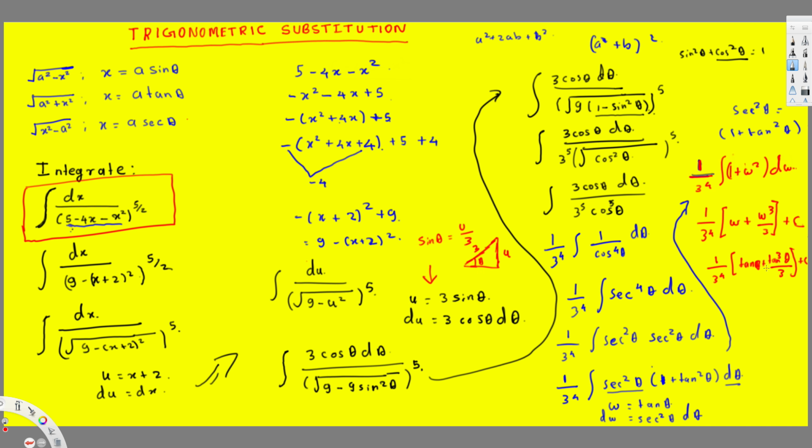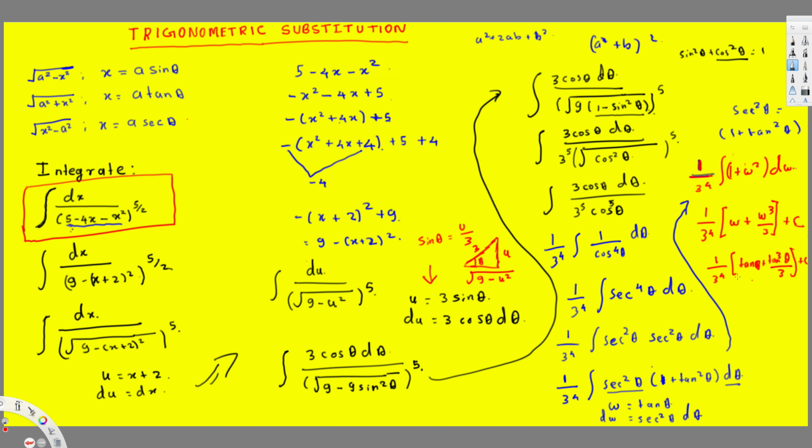In this case we need the adjacent, because tan theta is opposite over adjacent. Adjacent is going to be hypotenuse square minus opposite square, using the Pythagorean theorem: square root of 9 minus u square.